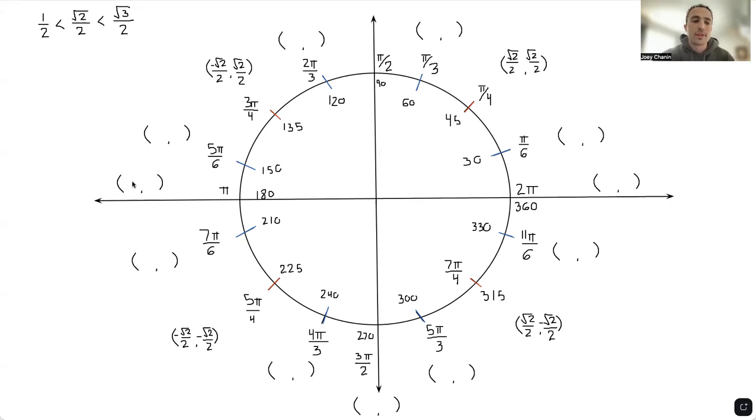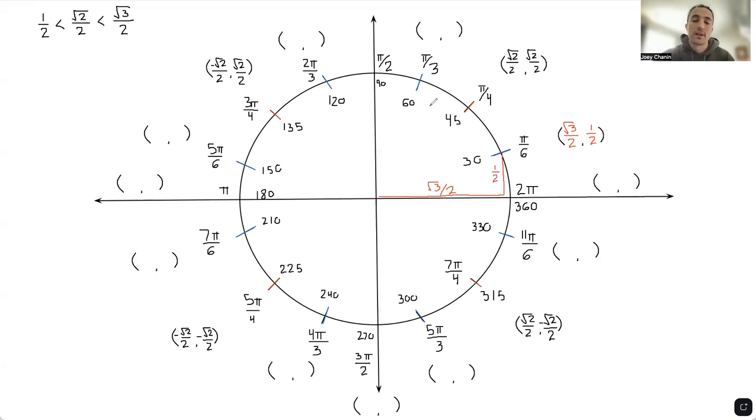If we go to 30 degrees, clearly this x value is much bigger than this y value. So that's how I know that the coordinate point at pi over 6 is root 3 over 2, comma 1/2, because root 3 over 2 is going to be this guy. And that's much bigger than 1/2, which is the y value.